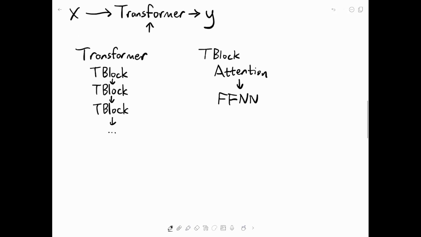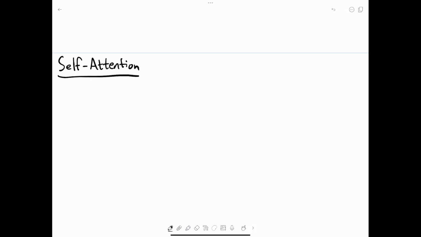Okay, so let's first start with attention, and then we'll come back to the transformer block as a larger building block. So what is attention? The idea of attention is that language has to be interpreted in context.